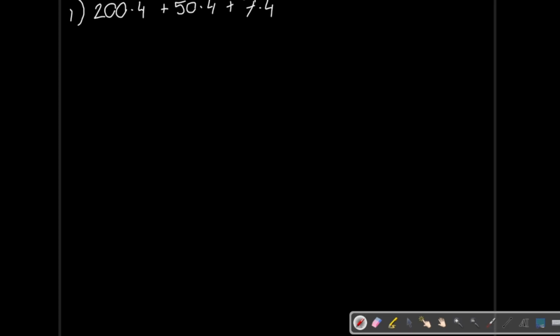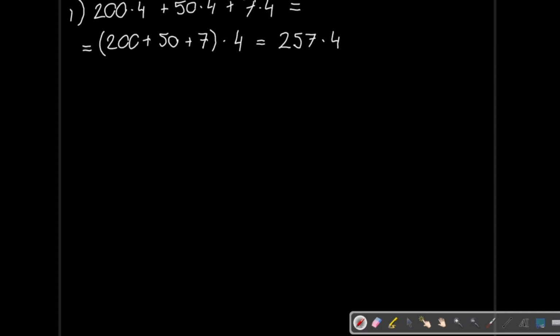So, using the distribution rule, 200 plus 50 plus 7 4s. That's using the distribution rule. We can do the bracket. Now, we must do the brackets first, right? So, the bracket gives us 257 times 4.